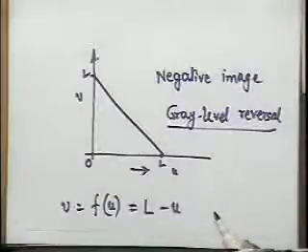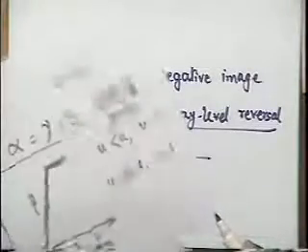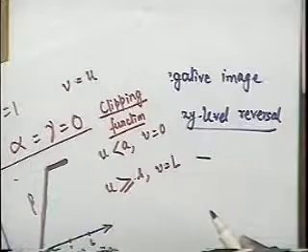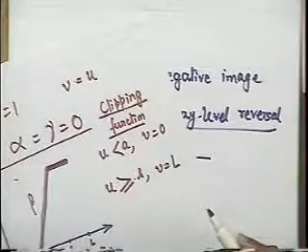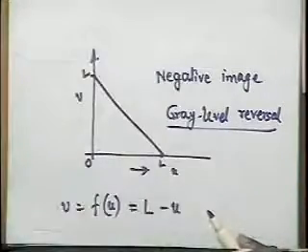Now we had also discussed the various types of transformations. Typically we had considered a case where we had three straight lines, alpha, beta and gamma, having slopes alpha, beta and gamma, and we had considered some special cases.